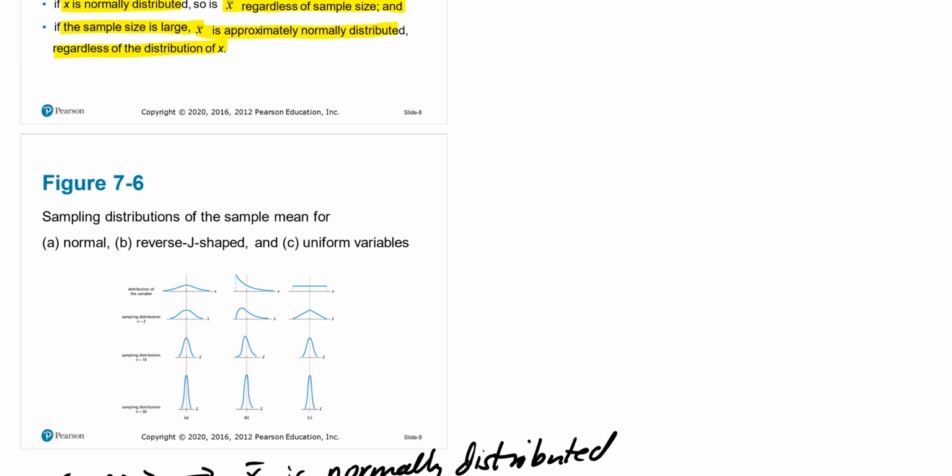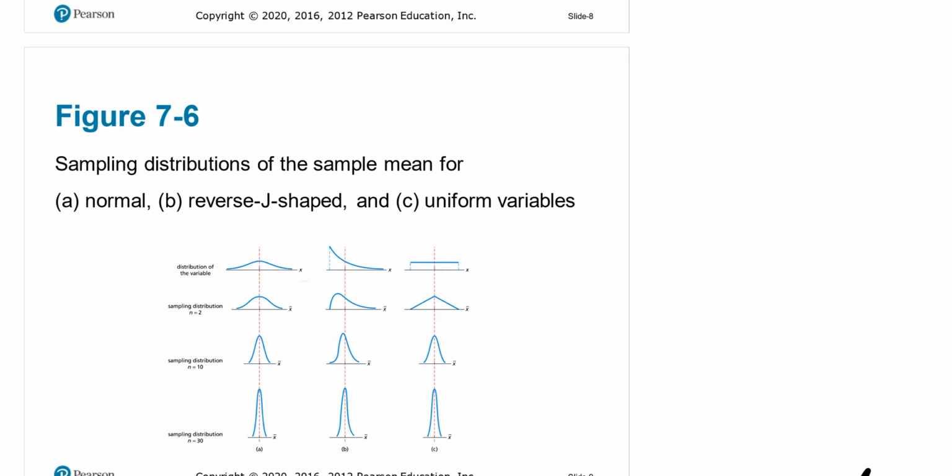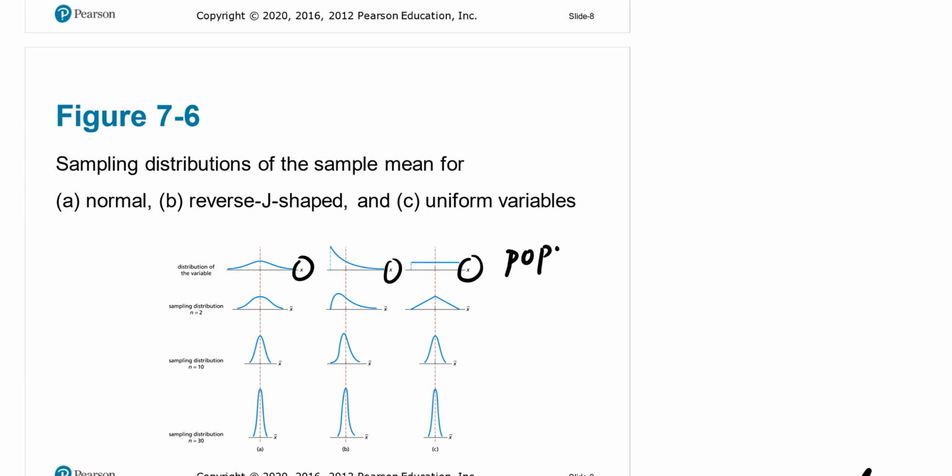Now, one other thing good to look at here: the sampling distribution of the sample mean for different cases. This one is for the population first, and that's why you see x's here. The distribution of the variable could go like the first one here, or the next one, or this one. The first one is normally distributed, the second one is reverse J-shaped, and the last one is uniform.